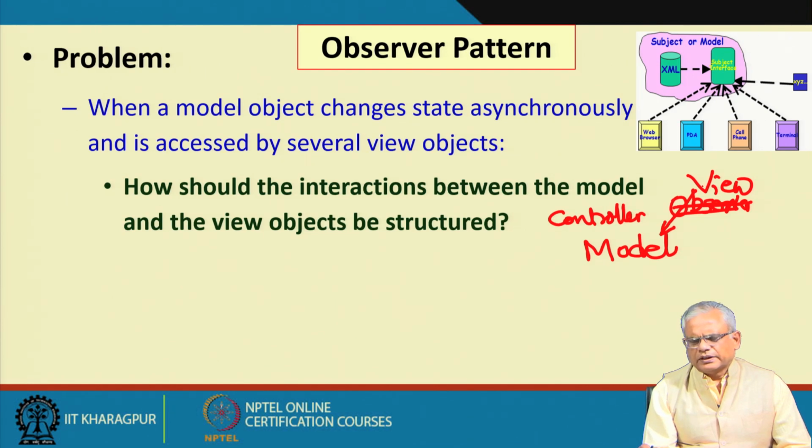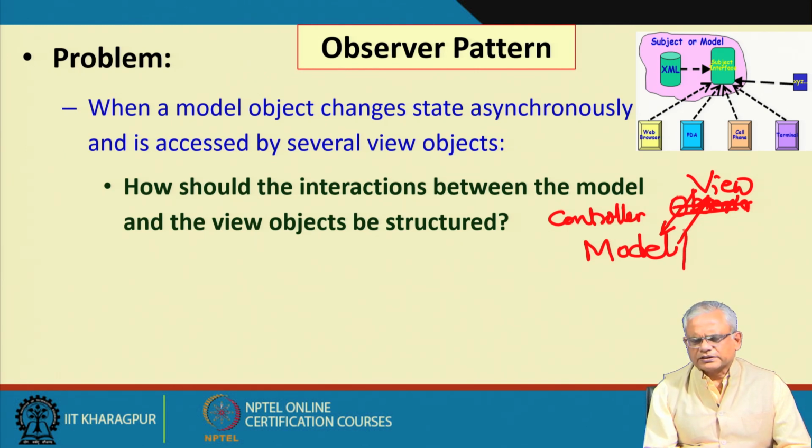And also the model object cannot really update the view, because it does not know the view objects. They may come anytime and also they may leave anytime, and that is the problem we are addressing.